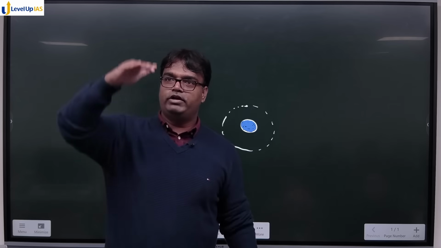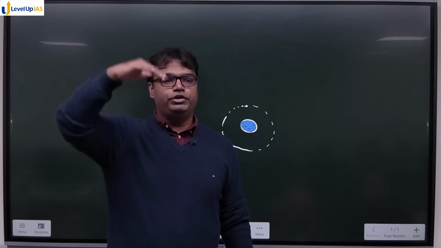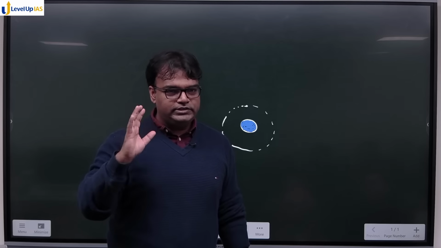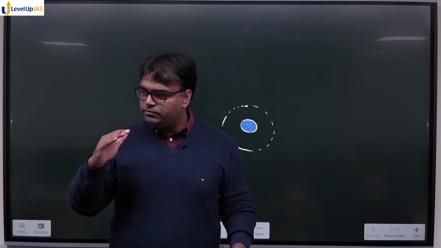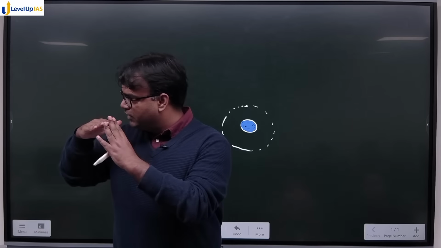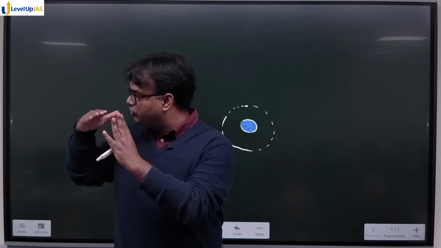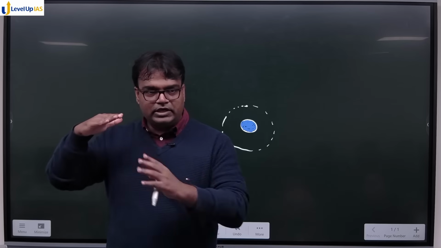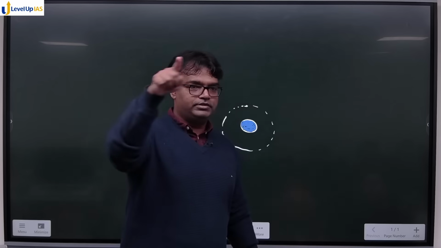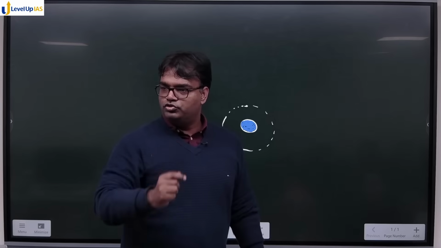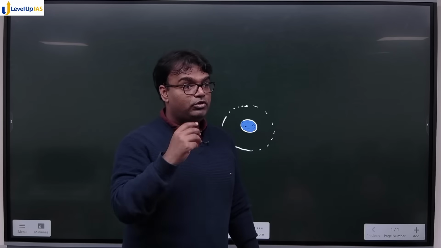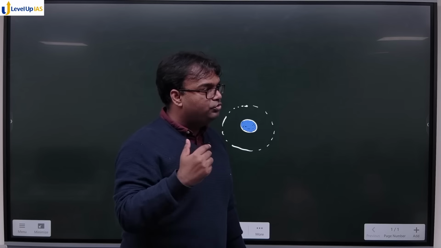But at lower height, let's say at a height of 20 kilometers, Earth's atmosphere is quite dense, so Earth's atmosphere will oppose this satellite. Satellite, because of the force of gravity, would have remained in a circular orbit when we launched it initially with the speed of under root gm by r.